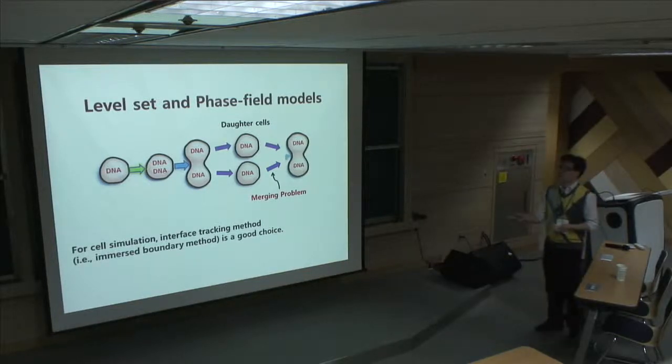Initially the single cell doubles its mass and generates the daughter cells, and then the interfaces are too close and they merge again. It's not physical. That's why I choose the other method, interface tracking, for example the immersed boundary method.